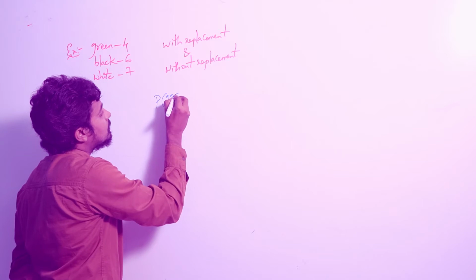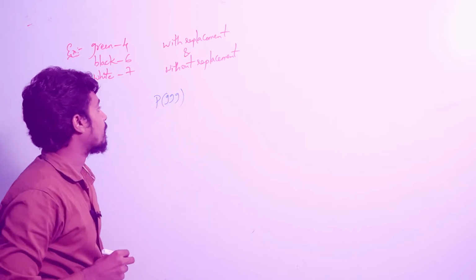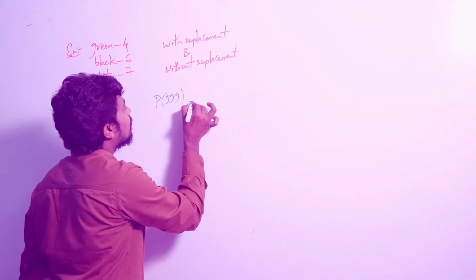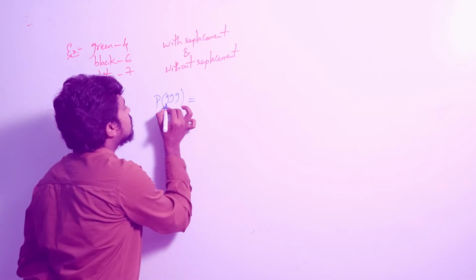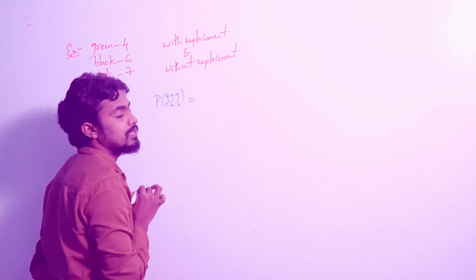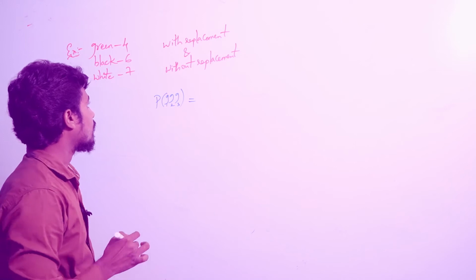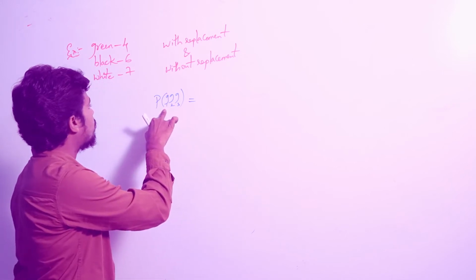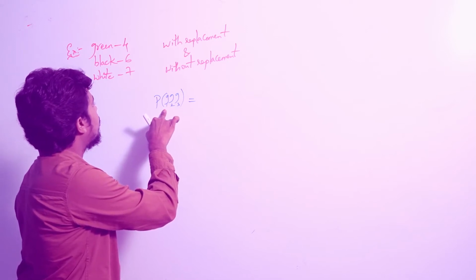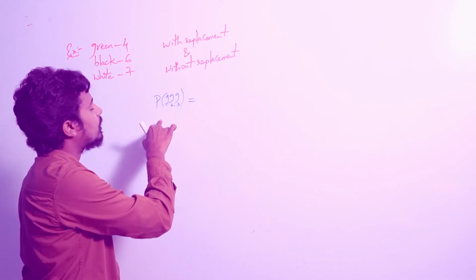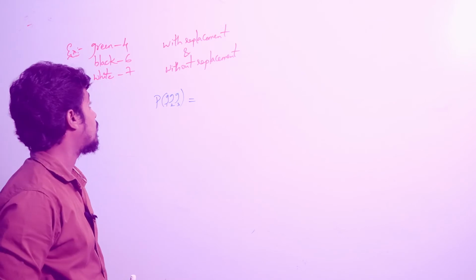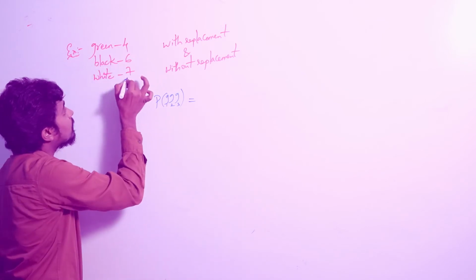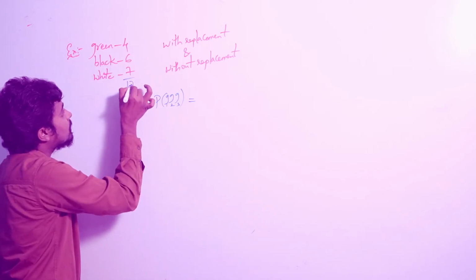This will be G1, G2 as well as G3. The probability of getting a green ball will be 4 by 17, right? This will be the 4, and the total will be 17.